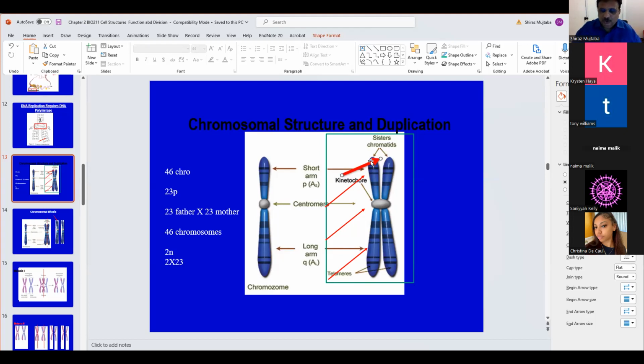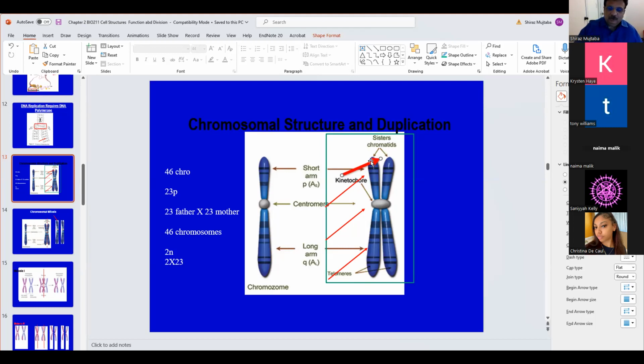So first of all, I discussed with you the typical structure of a chromosome, and the structure of a duplicated chromosome. Now, 46 chromosomes in male and female: many students get confused. 46 does not mean 46 different chromosomes. It means 23 pairs of chromosomes, 23 chromosomes in two sets.